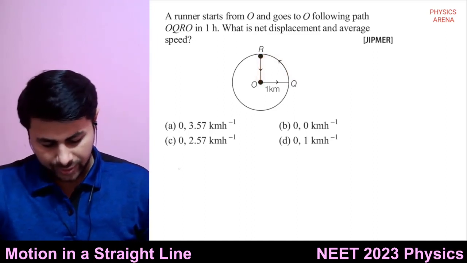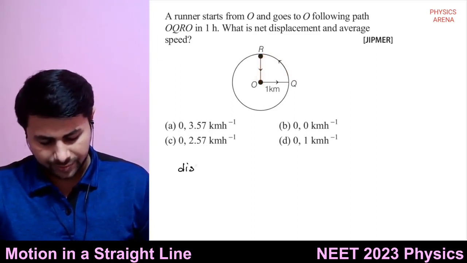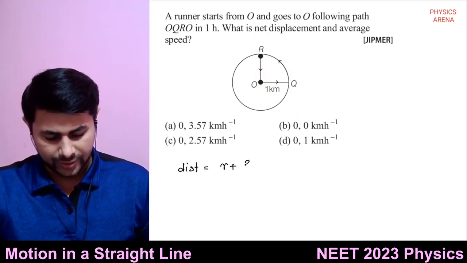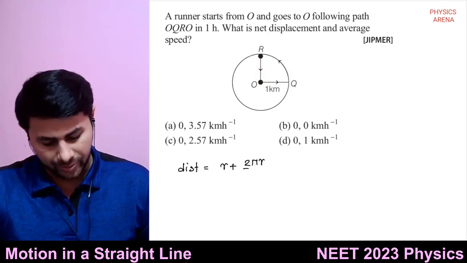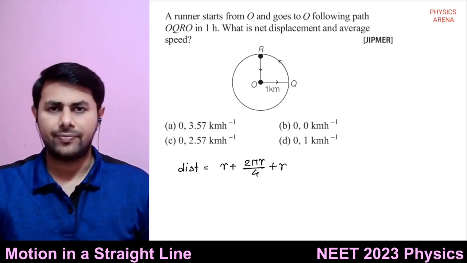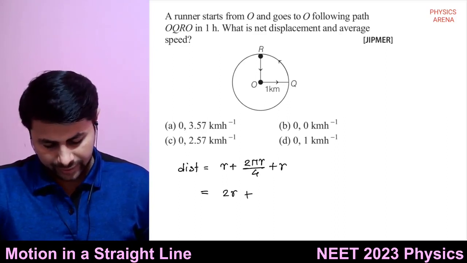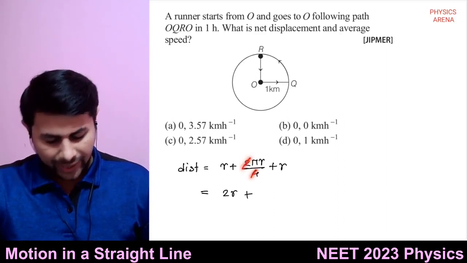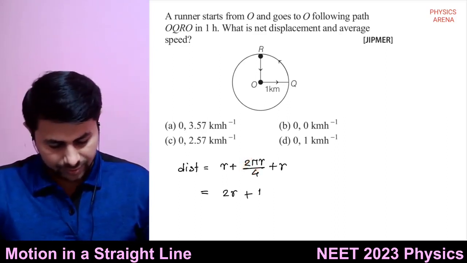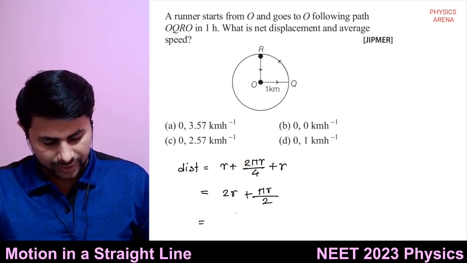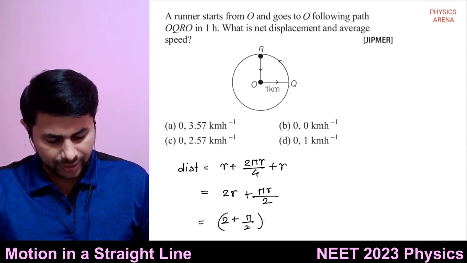So the distance covered is r plus 2 pi r divided by 4 plus r. So that's equal to 2r plus pi r divided by 2.